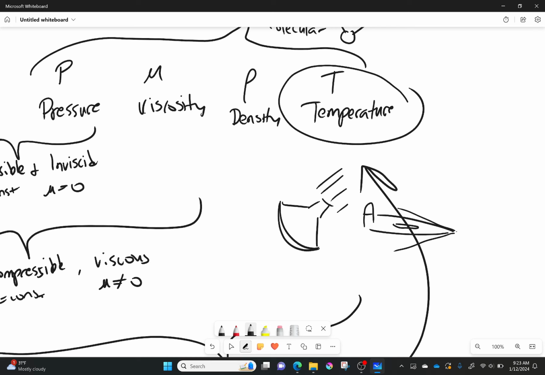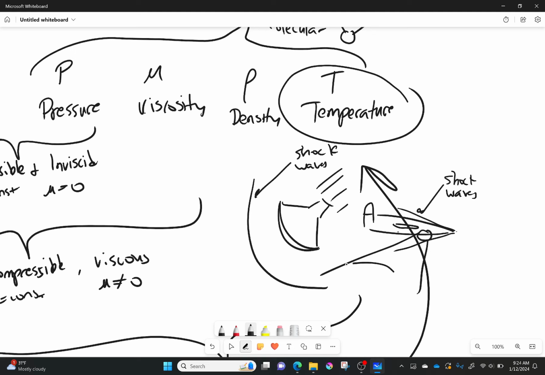In those cases, the shock waves are where the compressibility and the viscous nature happens. And also, in a very, very small area, right next to the spacecraft's side.